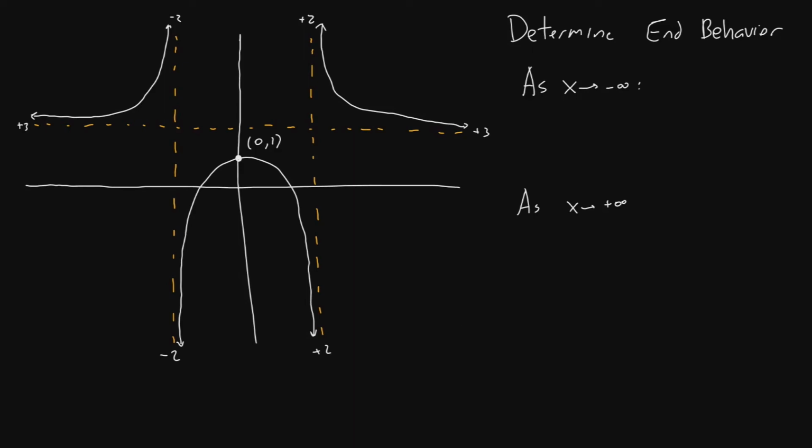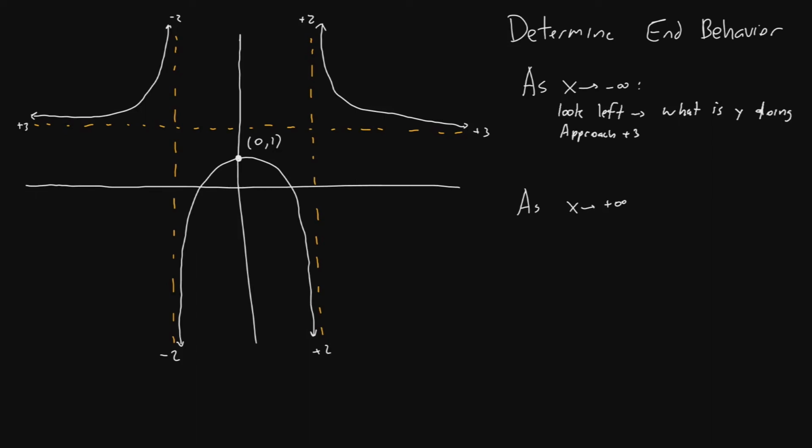The first part of this question asks, as x goes to negative infinity, what happens? If you see this symbol saying x, an arrow, and then negative infinity, that means we look on the left side. And then, once you look on the left side, we ask, what is the y doing? So as we go to the left, we see our graph is approaching positive 3.